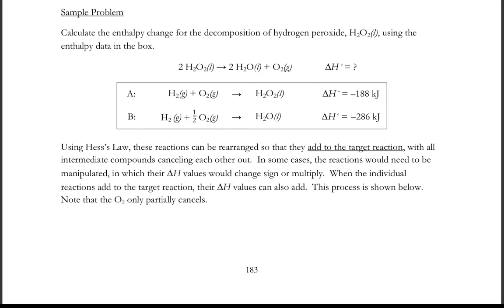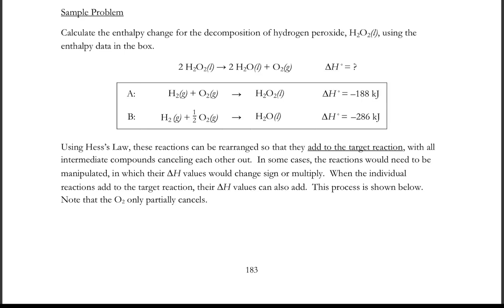Alrighty, so in reaction A, we have H2O2 formed, only one of them. Now, we want to flip that reaction around, so we're going to change the sign of the delta H. It's going to be positive 188. We also need to multiply through by 2, and then we will have 2 H2O2 on the left side as we need to, because that's what our overall reaction has.